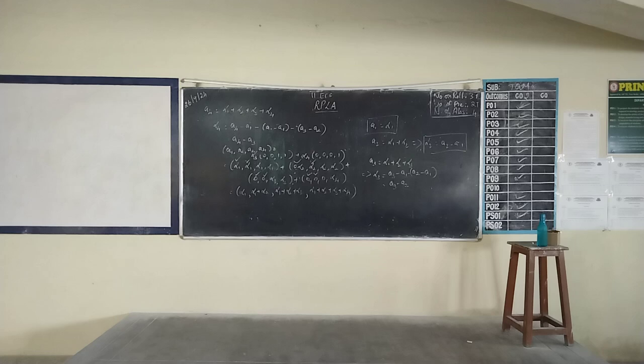A2 minus A1 into U2, plus what is alpha 3? A3 minus A2 into U3, plus what is alpha 4? A4 minus A3 into U4. You can give the final conclusion like this. But you have to replace U1, U2, U3, U4 also. That should be the final format of our answer.